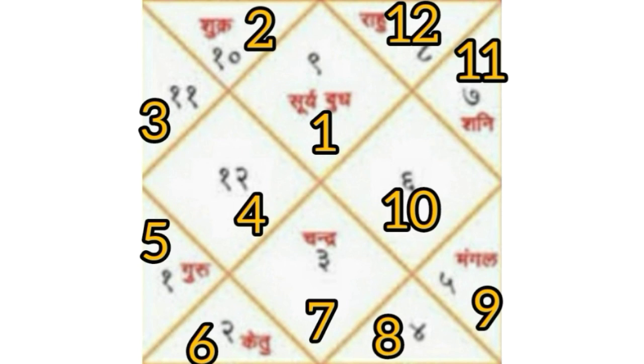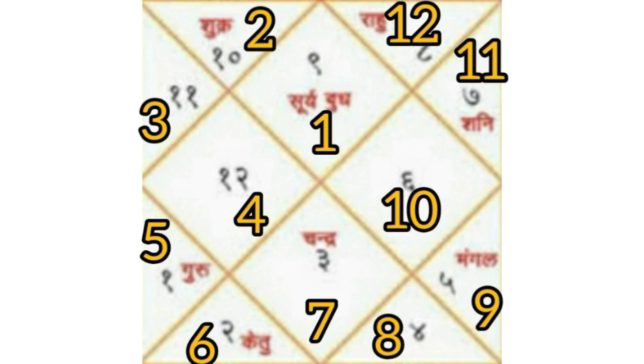So if number 5 is there in the first house, it is Leo ascendant. Accordingly, number 1 always stands for Aries, number 2 for Taurus, number 3 for Gemini, number 4 for Cancer, number 5 for Leo, number 6 for Virgo, 7 for Libra, 8 for Scorpio, 9 for Sagittarius, 10 for Capricorn, 11 for Aquarius, 12 for Pisces.